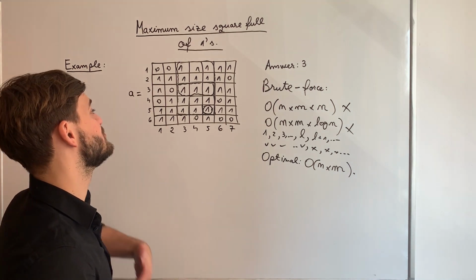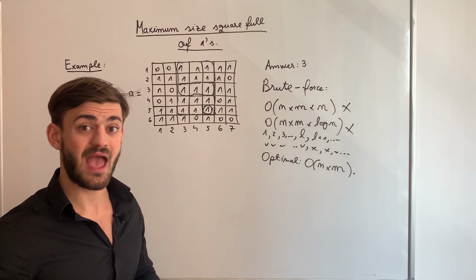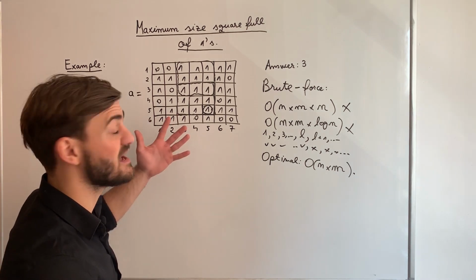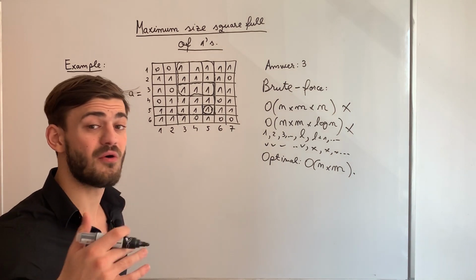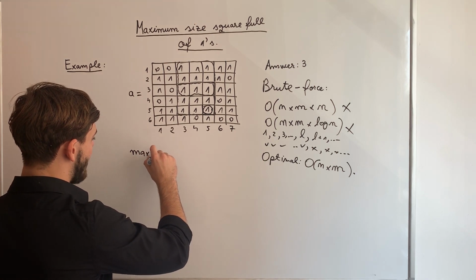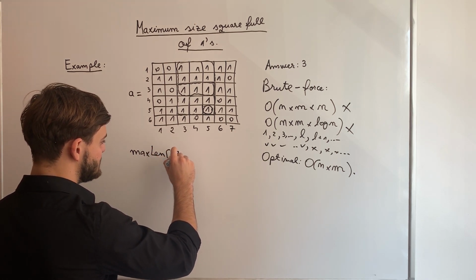And for that we are going to use an extra two-dimensional array. And that information is going to be used in the future to compute the answers of other cells. So let's call our extra two-dimensional array maxlen. So here I have maxlen of i and j, right?